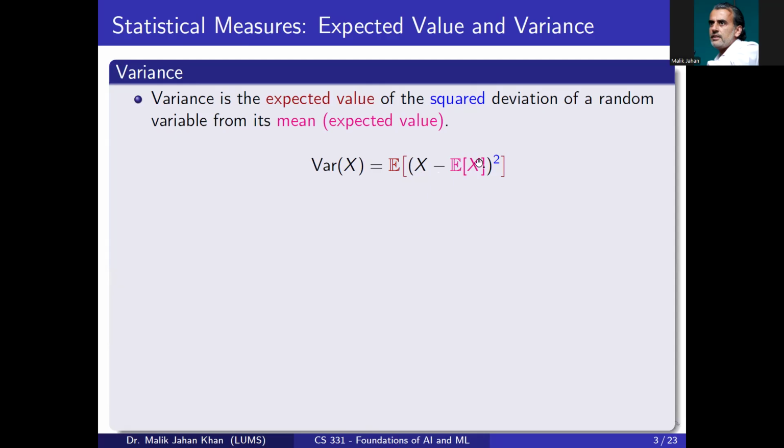And once that deviation is squared, we are talking about the mean value of the squared deviation of x from its own mean value. So we are taking the mean of the bigger term, which is the squared deviation of a random variable from its mean. So take a small pause over here, try to absorb this, try to relate the linguistic perspective with the mathematical perspective, and then we'll move forward.